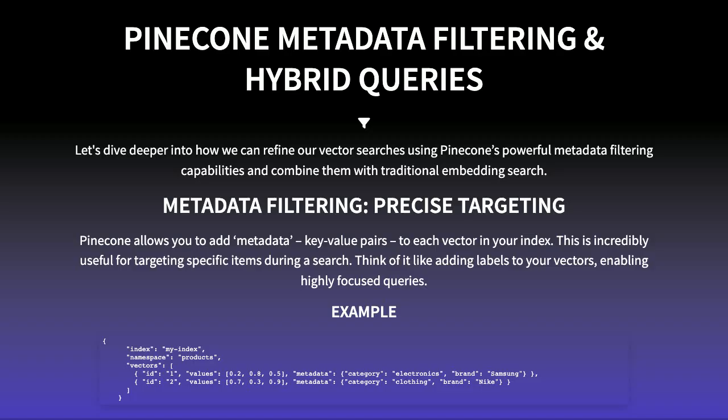This allows us to target our searches incredibly precisely. For example, we can filter results to only include electronics from Samsung. And the really cool part? We can combine this metadata filtering with a regular vector similarity search, a hybrid query. This gives us the power of both semantic understanding and targeted precision.